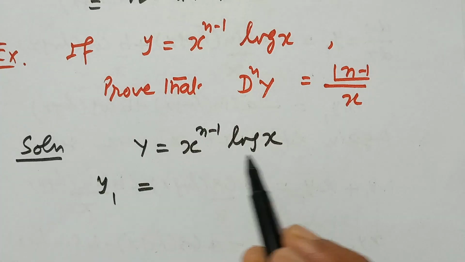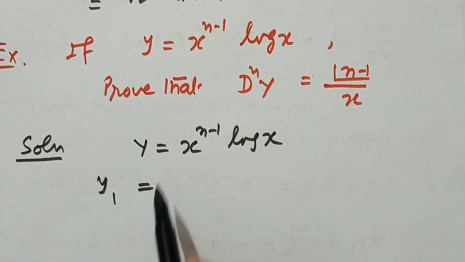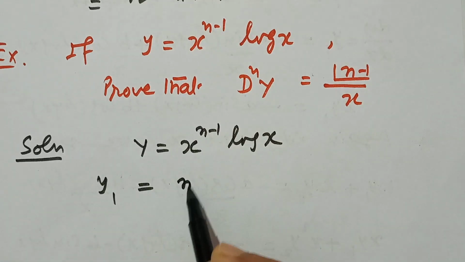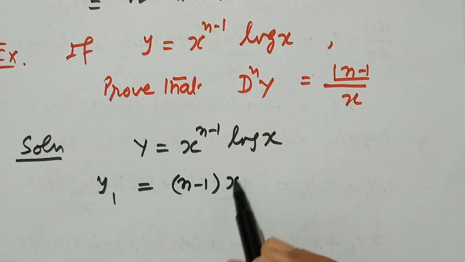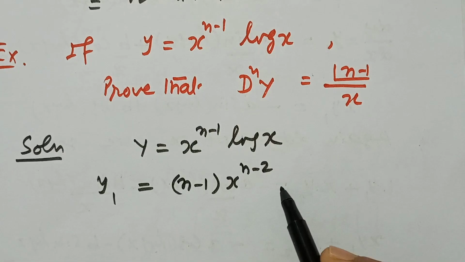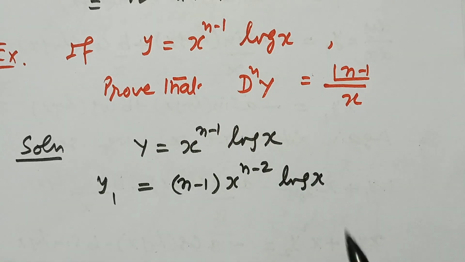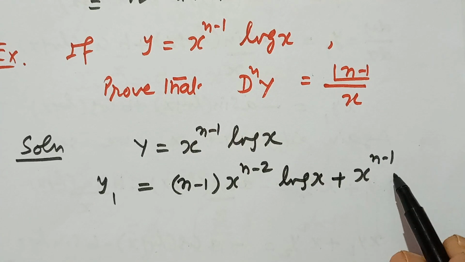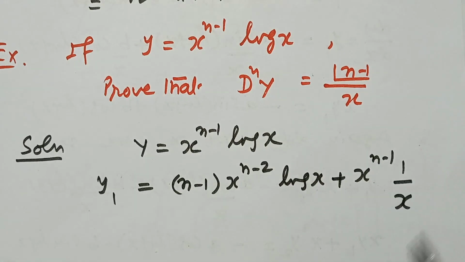Differentiating with respect to x, we get y1 equal to: first function, n minus 1 times x to the power n minus 2 times log x as it is, plus x to the power n minus 1 times the differentiation of log x, which is 1 upon x.